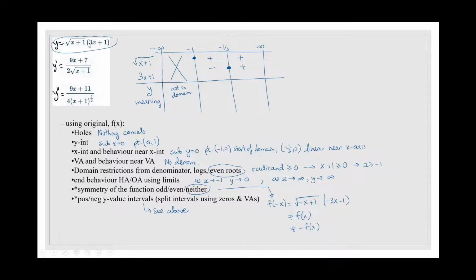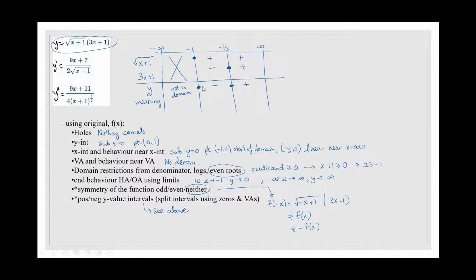Because if they're not multiplied between each other, then you cannot say a positive times a negative is necessarily a particular sign. But with multiplication, you can do so. For addition, subtraction, you cannot. So just make sure that everything is factored for you to be able to use this chart method. And so with multiplication, positive times a negative is a negative, positive times a positive is a positive.